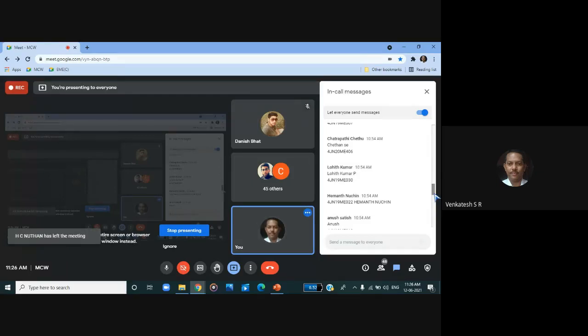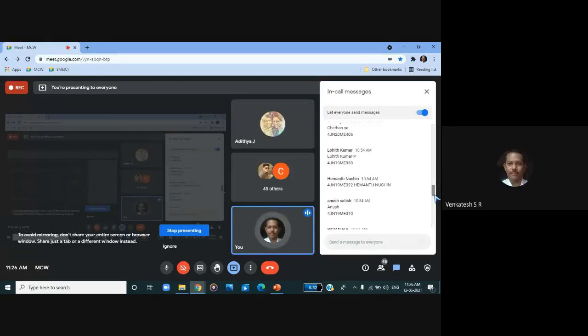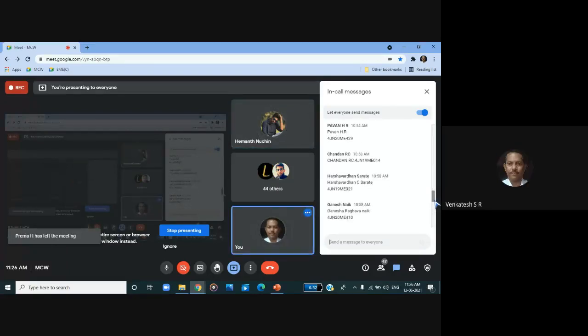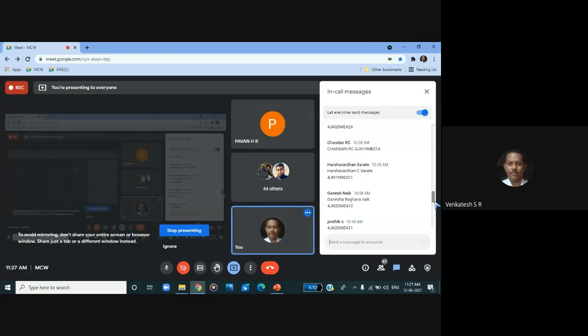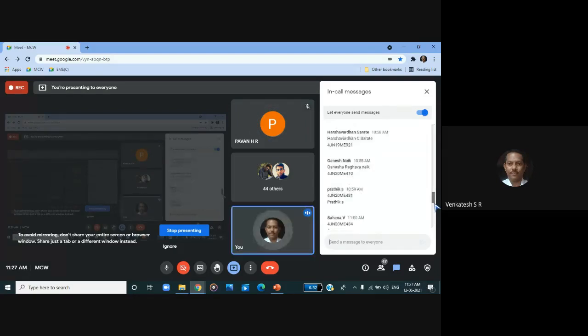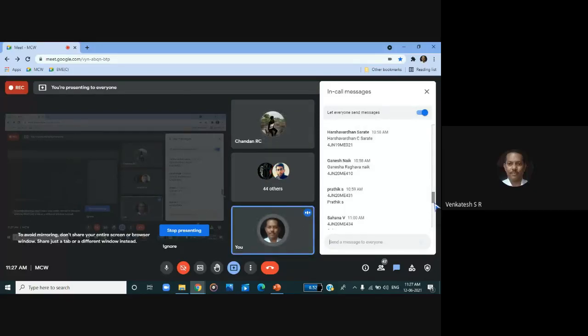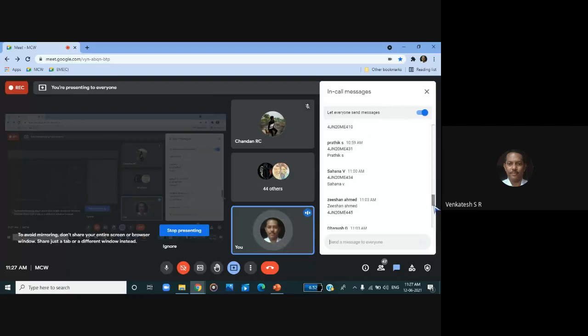Chhatrapati. Lohit Kumar. Yes, sir. Hemant Nutin. Present, sir. Pawan HR. Present, sir. Chandan RC. Harshavardhan. Present, sir. Ganesh Naik.